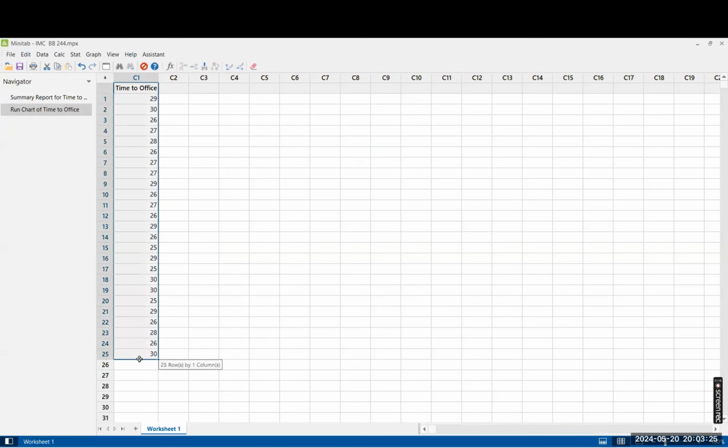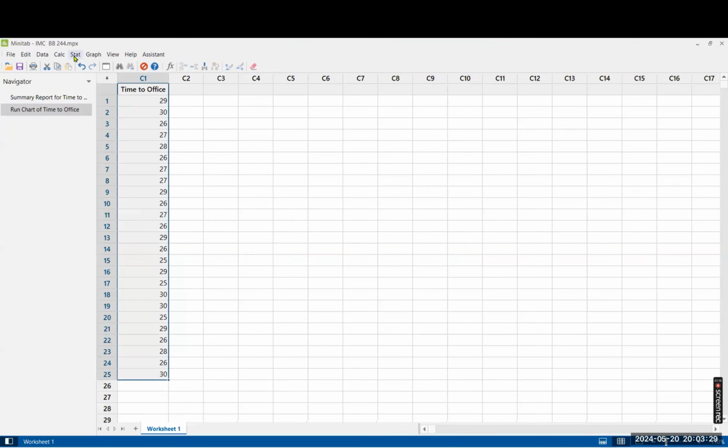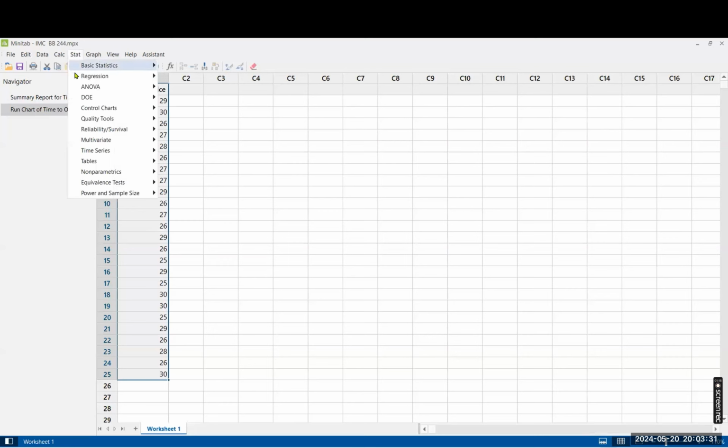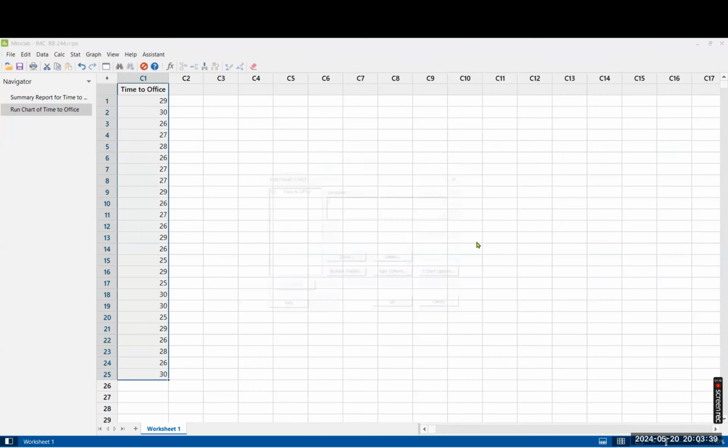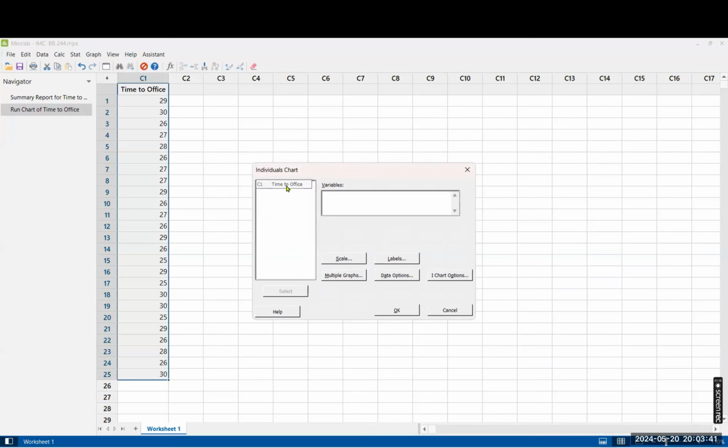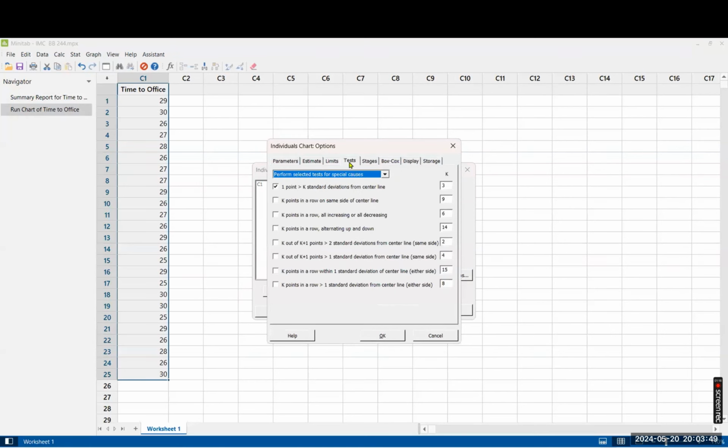And I will plot an Individuals chart, or I-chart, on this. So we'll go to Stat, Control Charts, for Individuals and I-chart. Here is the office time to office data. We will go to the I-chart options, Tests, and perform all the tests for the special cause of variation.